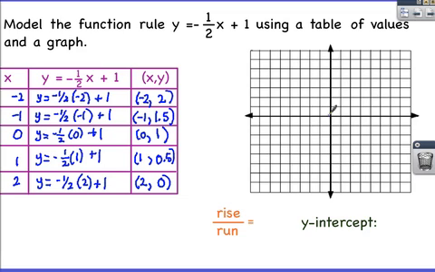Now we can plot these points. (-2, 2), (-1, 1.5). So I plot that point halfway between the 1 and the 2 on the y-axis. (0, 1), (1, 1/2), and (2, 0).